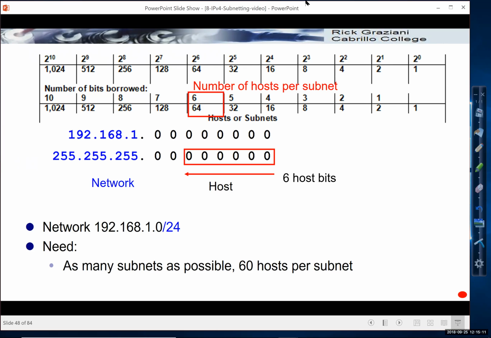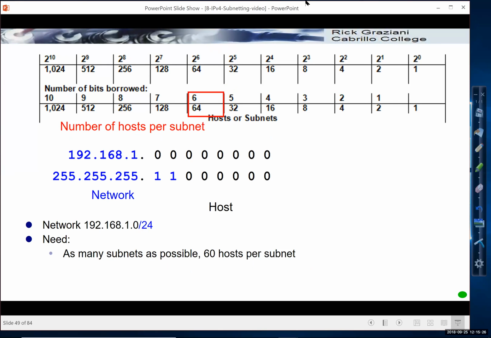So we leave the last 6 bits for the host portion, and we extend our mask 2 bits, from 255.255.255.0 to 255.255.255.192, a /26.